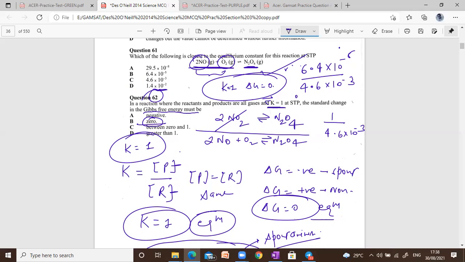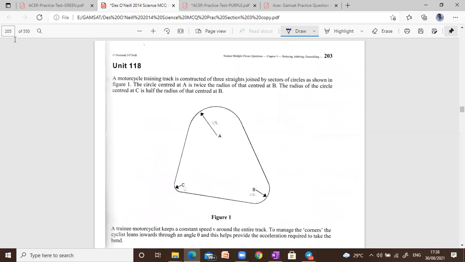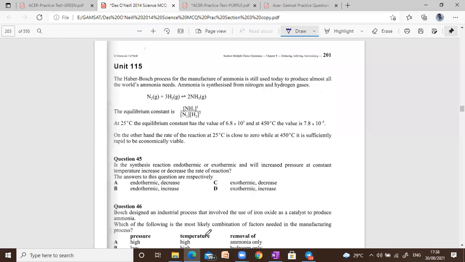Now we can discuss a few more questions. Yes, this one. Who will try this? Come on, tell me. This becomes very easy after my explanation.